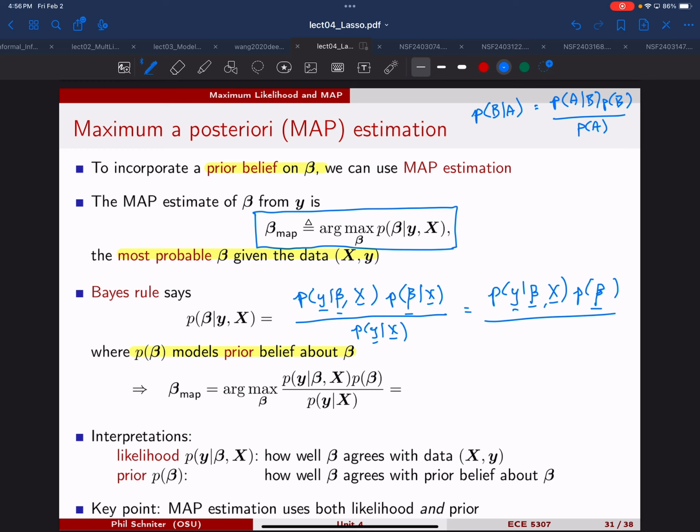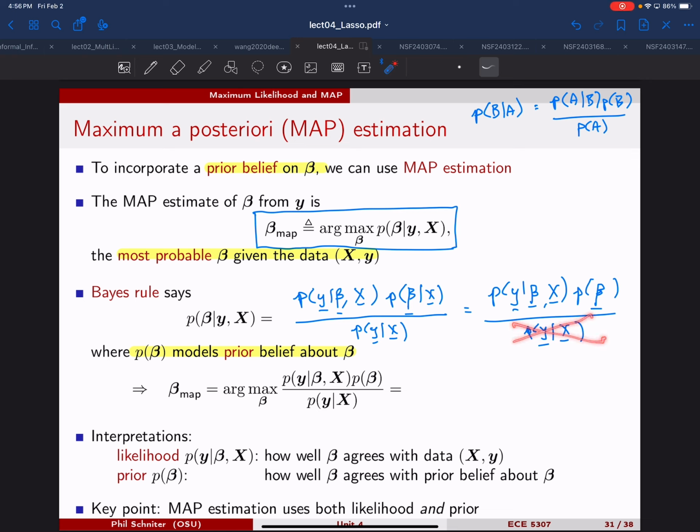And then in the numerator, we still have this term, P of y given x. But what I want to point out about this numerator is that our goal is really maximizing over beta. Beta shows up in the likelihood, it shows up in the prior. Beta does not show up in this denominator here. So if I want to maximize this, I actually don't really care about this part.